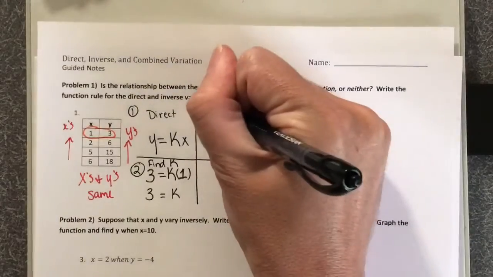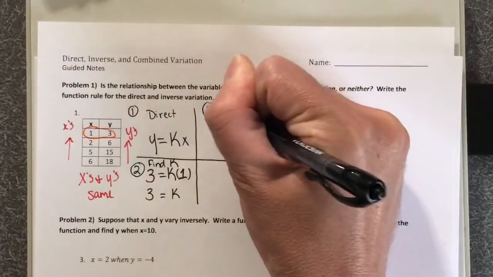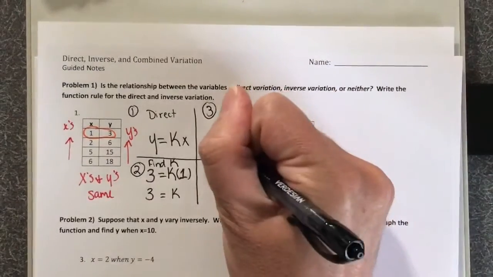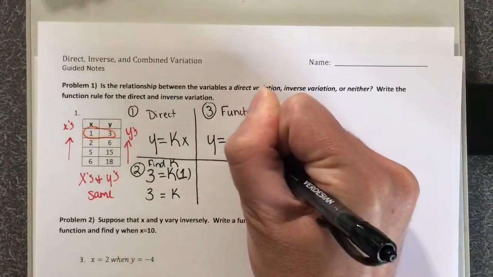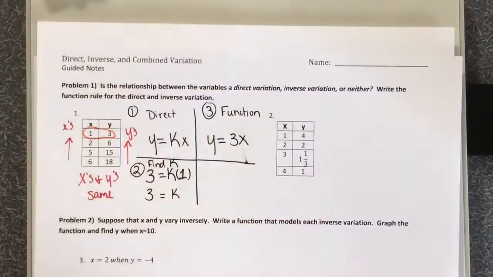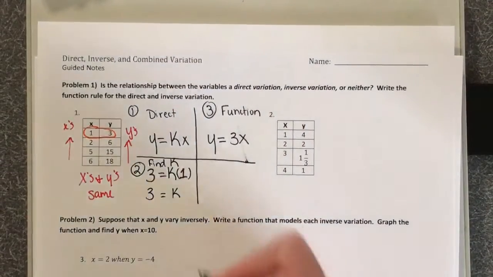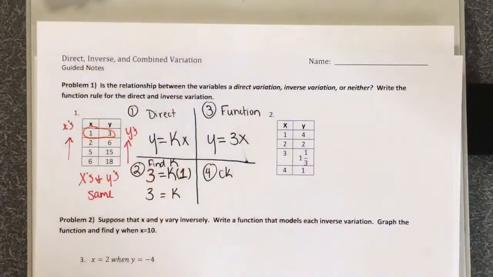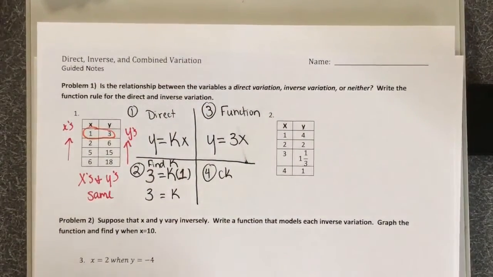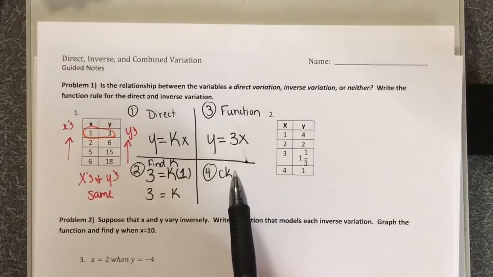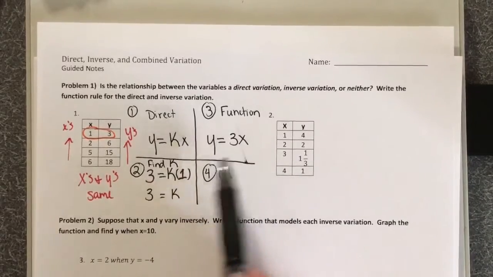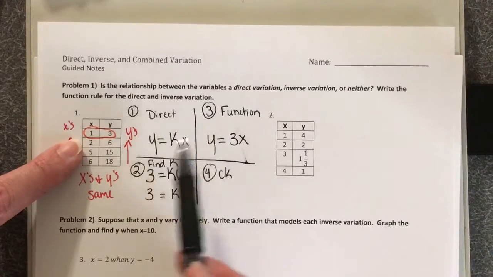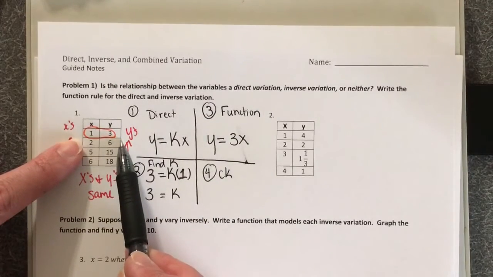Now step 3 is to write our function rule. It looks like our function rule is going to be y equals 3x. Our last step is to check, because we want to make sure that this works. If I plug 2 into x, 3 times 2 is 6, so my rule works here.